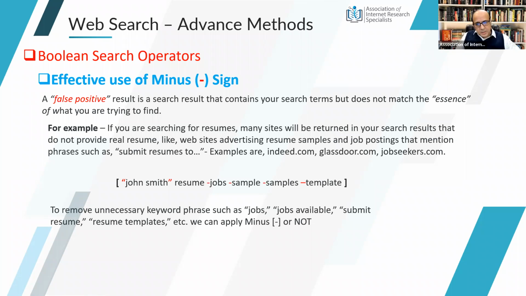The only flaw is that it could have a different meaning, or the essence of that statement may not be correctly interpreted by the search engine. Those are false positive situations. As an example, you've got John Smith, and you're looking for a resume of John Smith. You're not looking for jobs. You're not looking for sample resumes or samples or templates, anything.